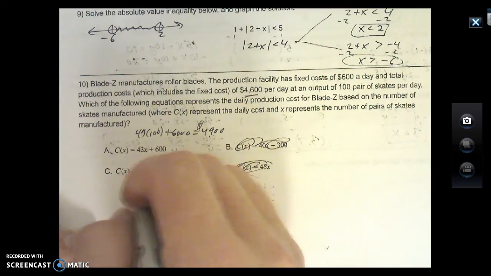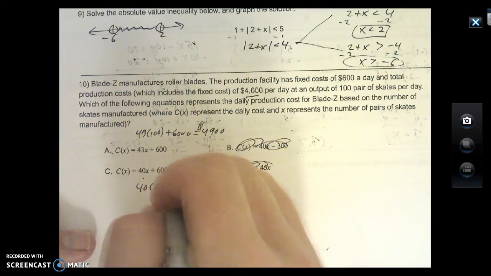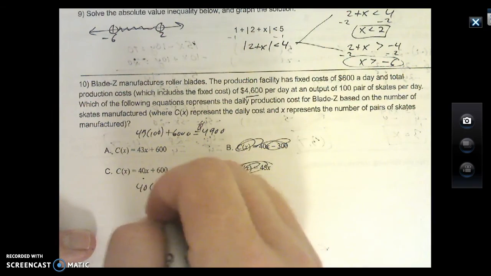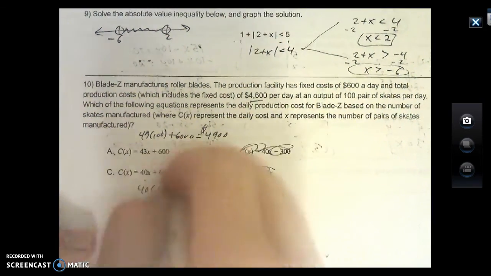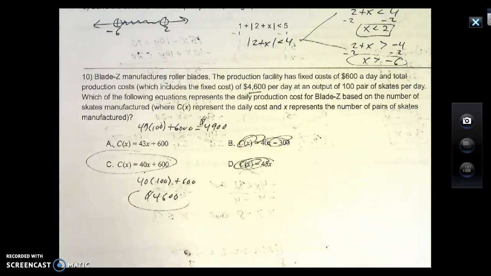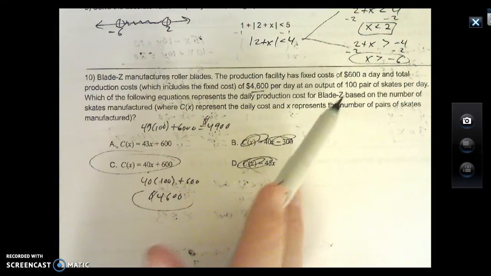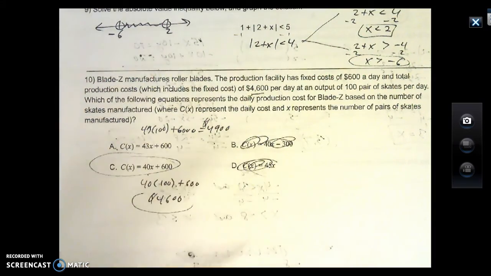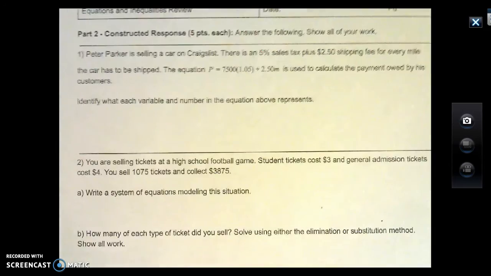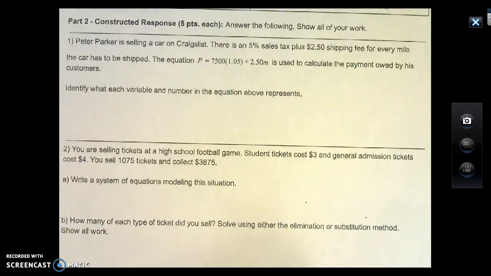But down here, if I plug it in, I get my 4,600. That's all we're doing. You're plugging in the input, which is the 100, for your output of 4,600. Okay? Awesome. All right. On to the open response.